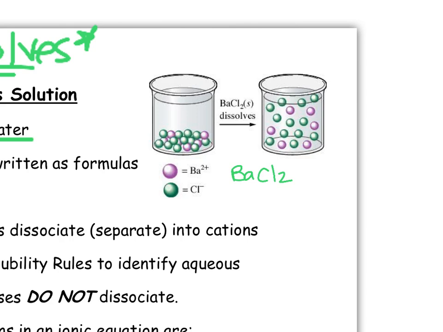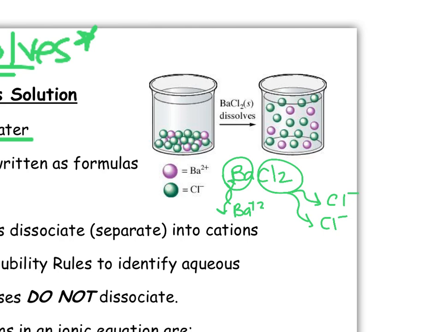So the water molecules, and I'll show you a video of this in class, actually come in and attack it, and they pull these away. And so it pulls away the barium ion and separates it. And then water comes in, and it pulls away and separates your chlorines into individual pieces. So it completely breaks all the ions apart.